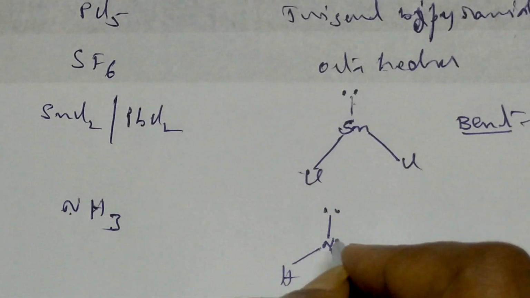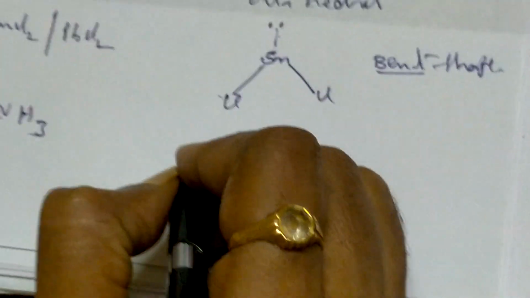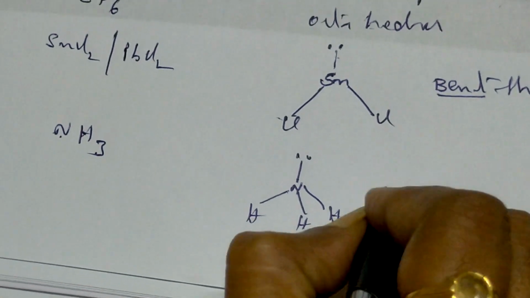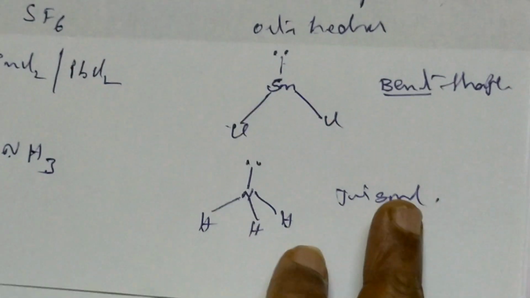So it should be tetrahedral, but actually it is trigonal pyramidal. So here also again there is deviation.